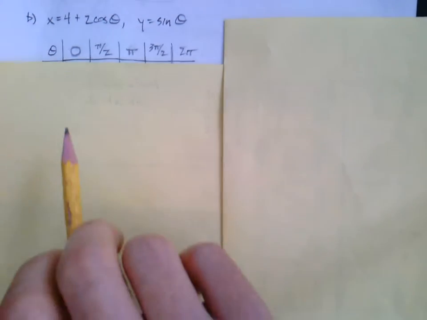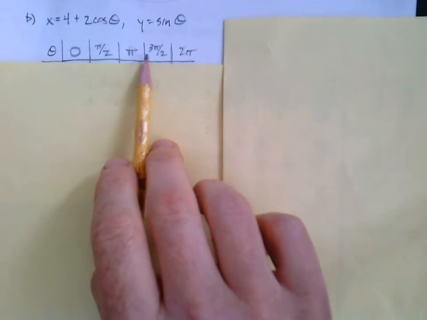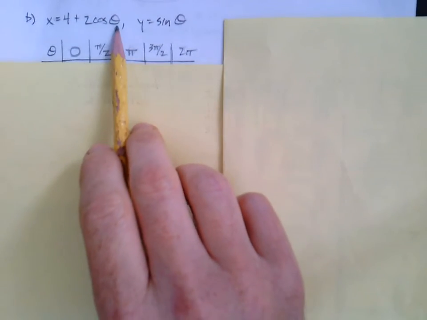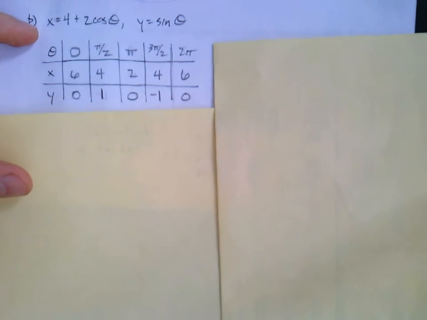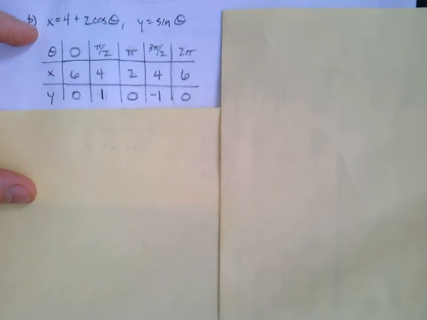But generally I find 5 points is plenty enough to see the curve once you have those ordered pairs plotted. But sometimes you plot those and you're like, that's not good enough, and you go back and you get more, right? Okay, so for 0, pi over 2, pi, 3 pi over 2, and 2 pi, we're going to plug those in, get the x and y values for each one, and I'm just going to show you all this right here.